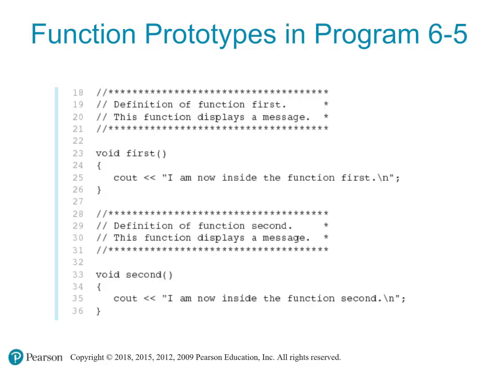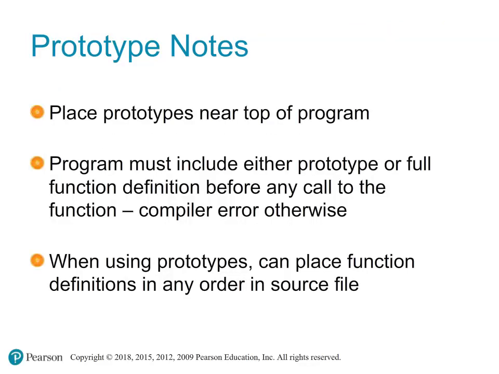The program's control flow moves from main to first, then to second, and back to main, demonstrating how functions can be called in sequence. It's good practice to place all function prototypes near the top of your source file, usually right after the #include directive. This makes it easier to see what functions are available in the program.